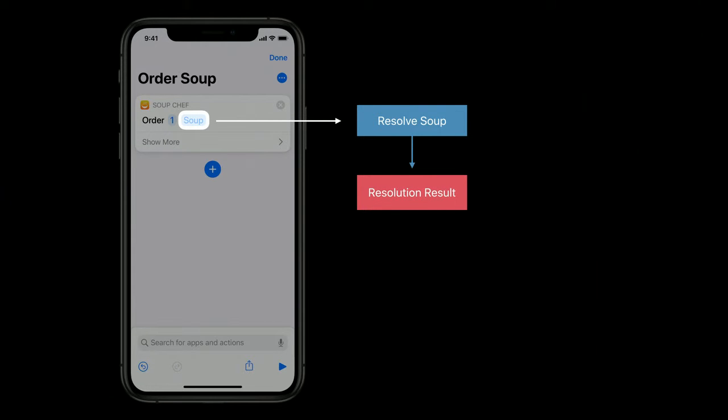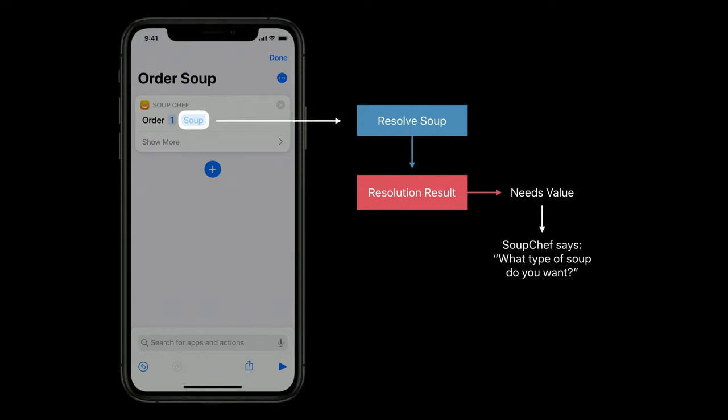The responsibility of the resolve method is to provide a resolution result, which determines what Siri will do next. Now, again, because the field is empty, the Soup Chef app might want to ask the user for a value by passing the needs value resolution result. Passing needs value will cause Siri to ask a question for this parameter, which the user can respond to with their voice.